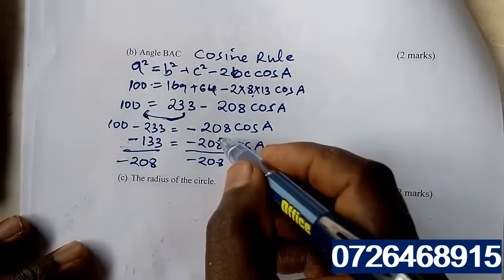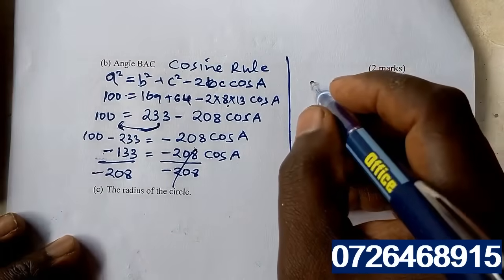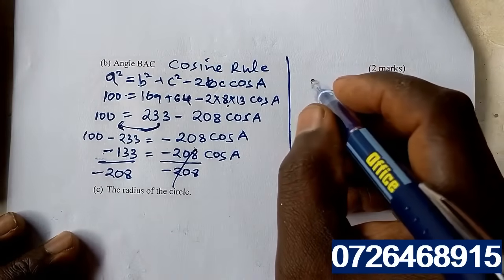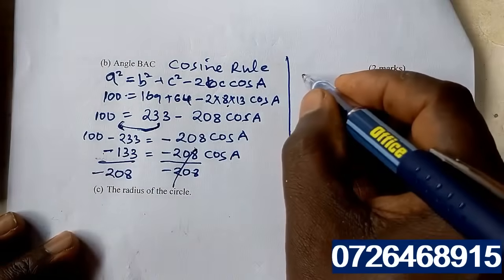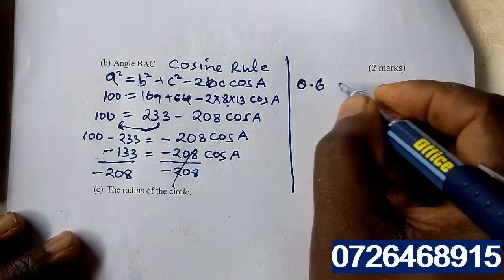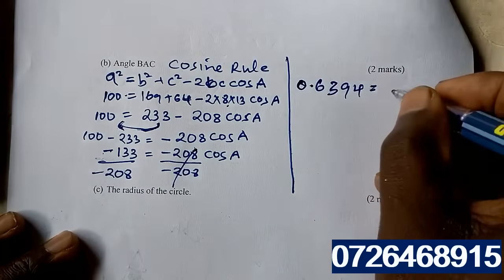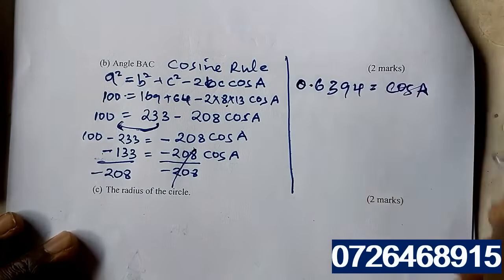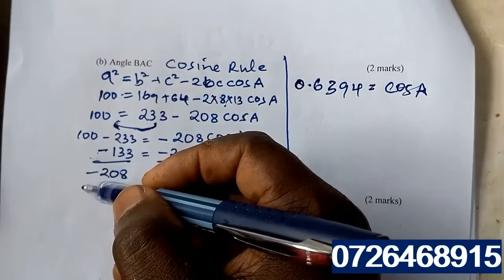So this one goes, and negative and negative will go, so we will have 0.6394 is equal to cos A. Remember, negative divided by negative is positive, you should know.